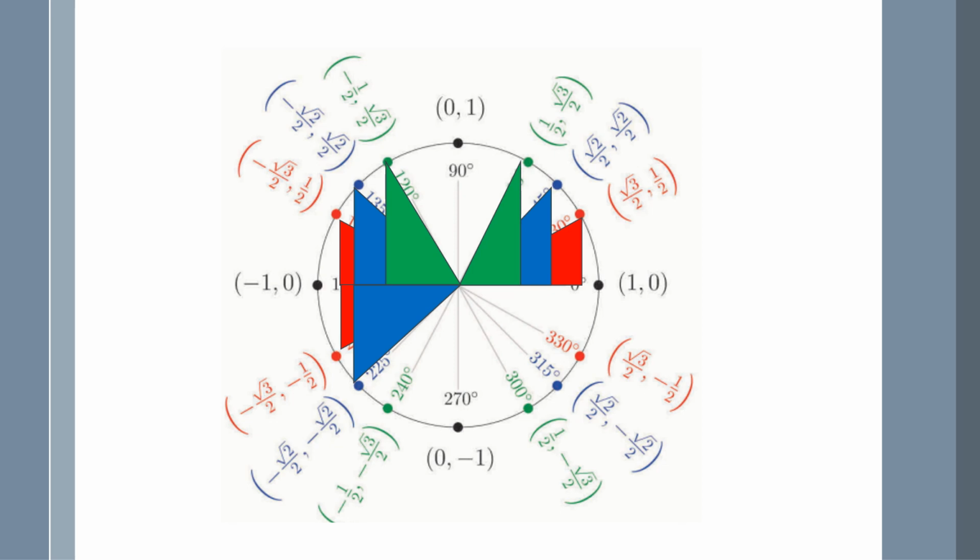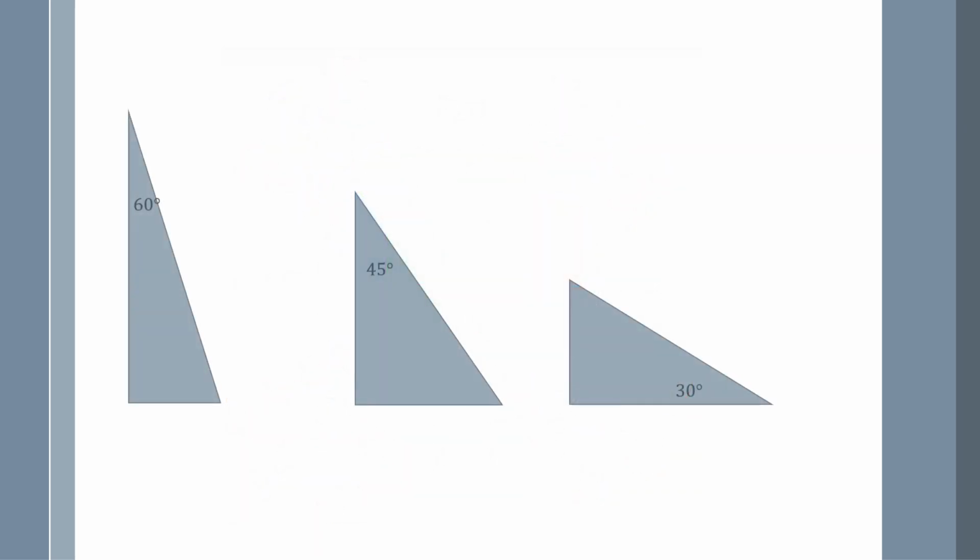And 240 is a reference of 60. We know that 330 is a reference of 30 degrees. We know that 315 is 45, and then 300 is 60 degrees. And these are the important references that we have to know about.